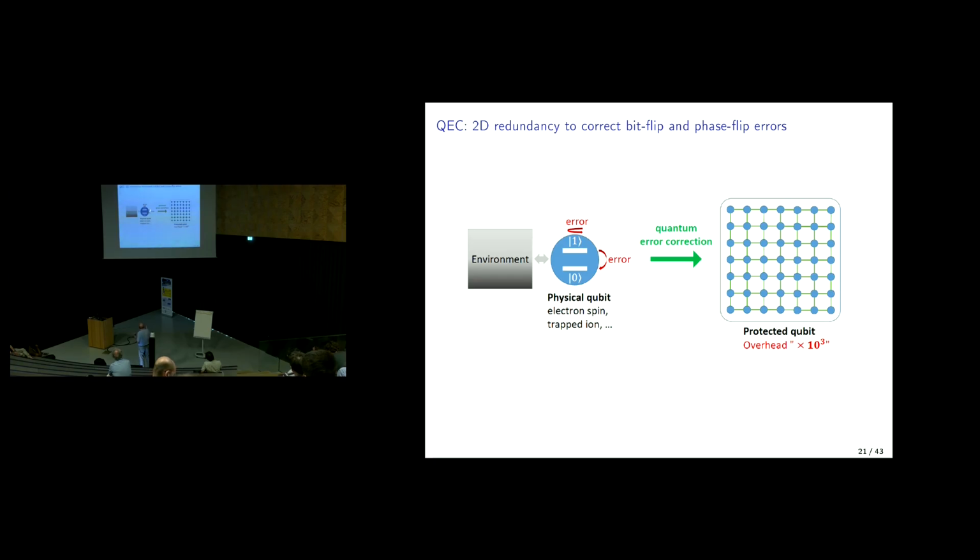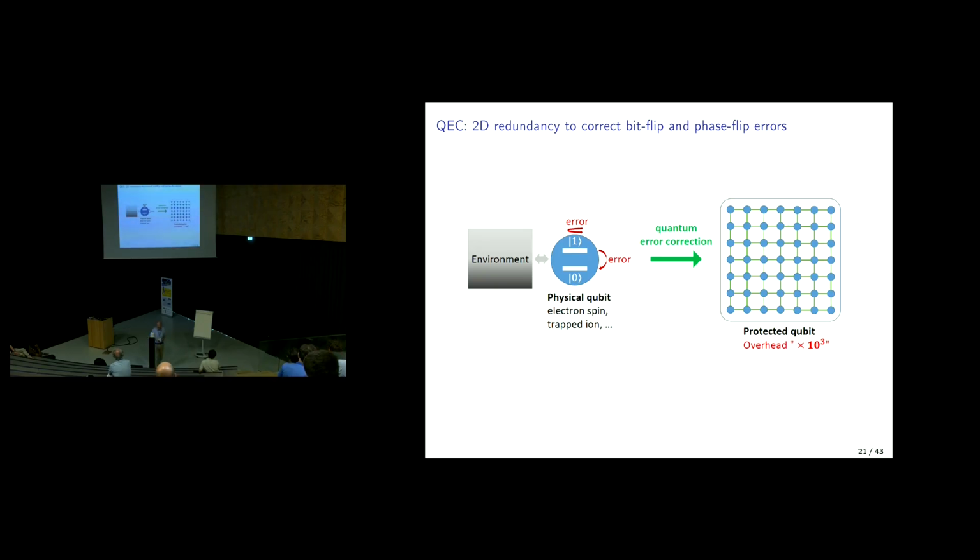But because of these two kinds of errors, you need redundancy along two directions: this is the physical qubit with some error, bit flip and phase flip, and you need here a certain redundancy for the bit flip, and here a certain redundancy for the phase flip.